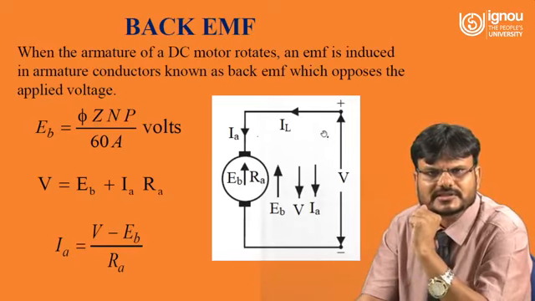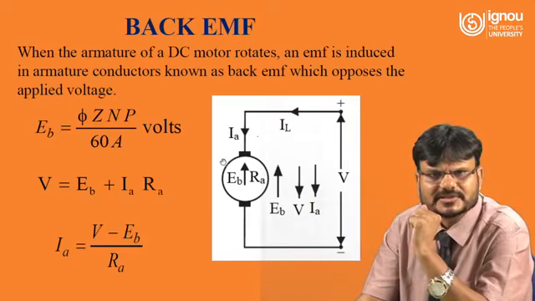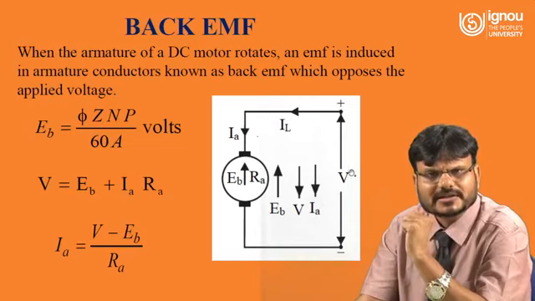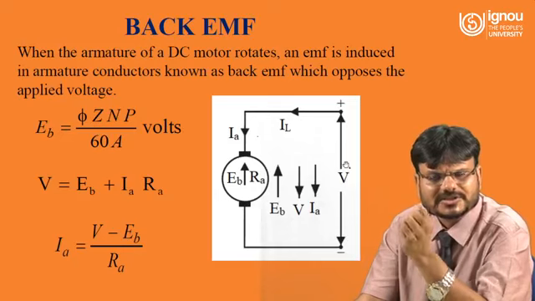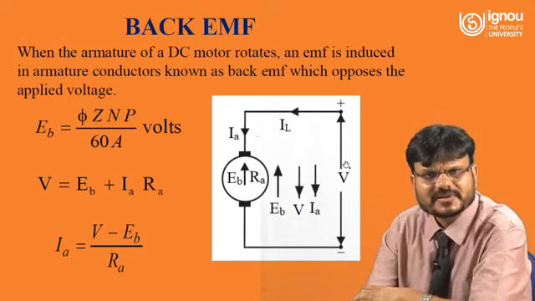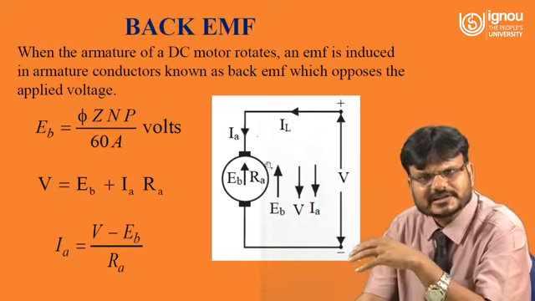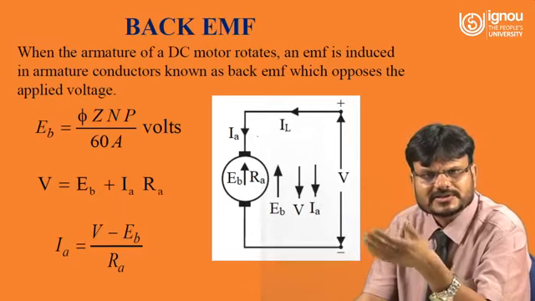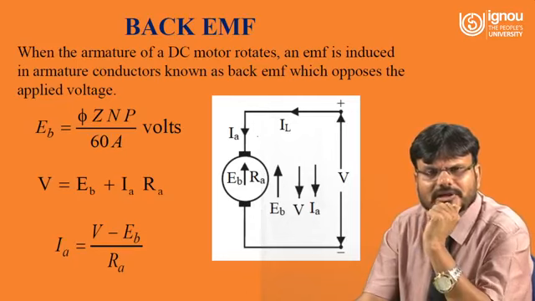So here you can see in the diagram, this is basically a DC motor and you are applying some DC voltage, you can say V, and this current carrying conductor is placed in the magnetic field, so it will start to move. Now what will happen?